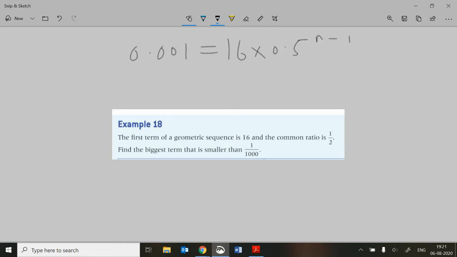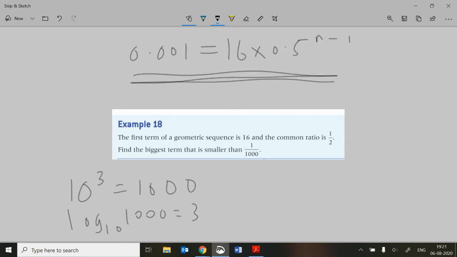So yeah, remember the log technique. If you remember this, log to the base 10 of 1,000 is 3, then a rearrangement of that, and similarly, you can use a rearrangement of this by saying log to the base of a half, or 0.5. Need to divide by the 16 first to get the answer of 1 over 16,000.